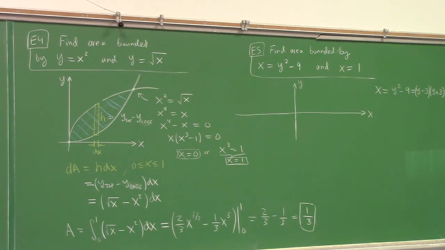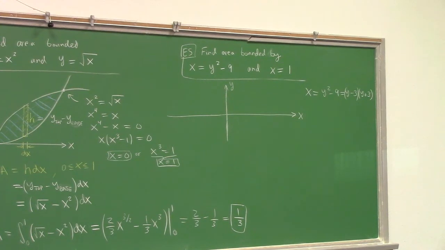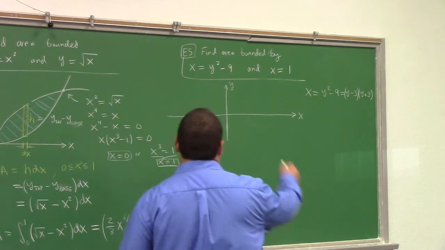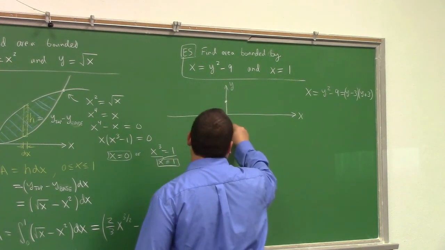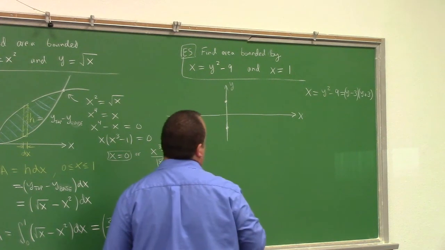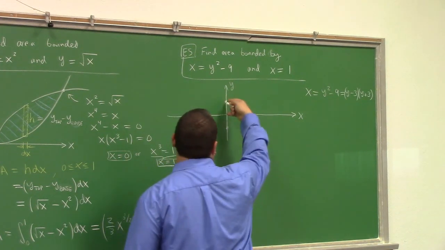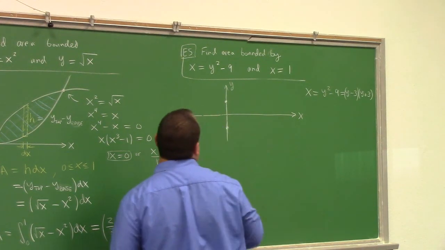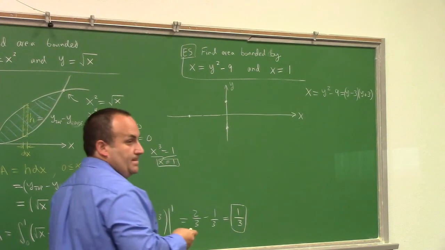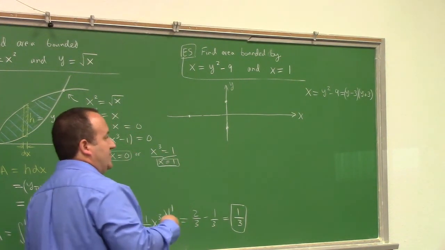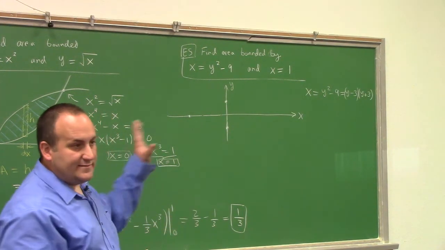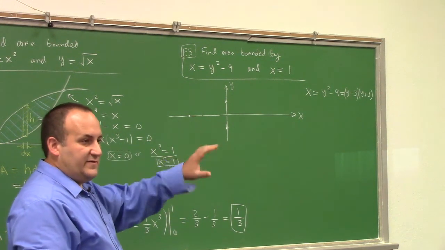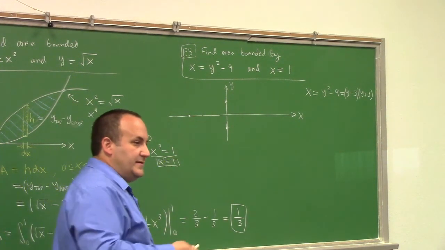Plus or minus 3. Say, here or here, maybe. And what happens when y equals 0? It's at x equals minus 9, right? So this is a parabola which opens to the right. You've got to think about the roles of x and y being interchanged. It's just a parabola that opens rightward.